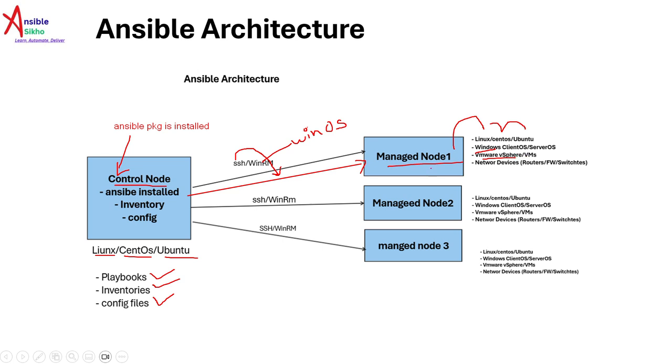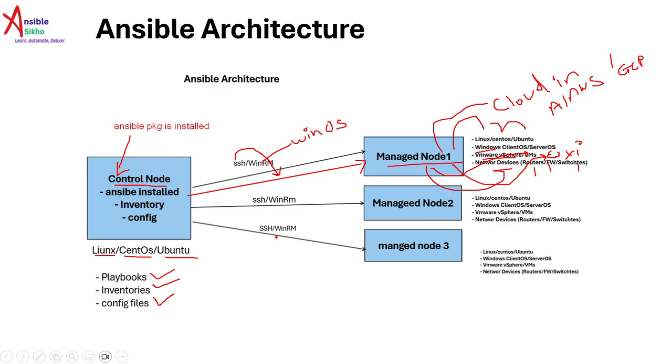Your managed node can be VMs on an ESXi host, or the ESXi itself. Your managed node can be network devices like routers, firewalls, and switches, or any of these, or others I have not mentioned here. Your managed node can be cloud instances or VMs on Azure, AWS, or GCP.